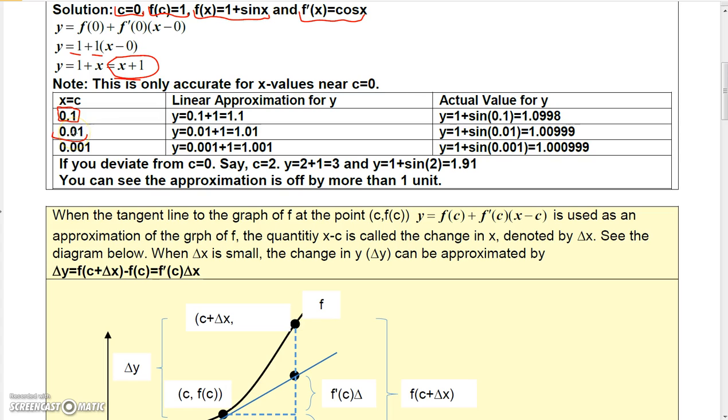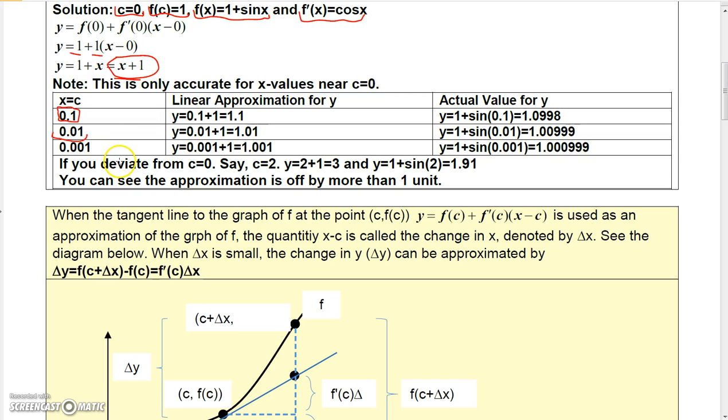So let's get closer to 0, and we'll notice that if we use the linear approximation, we get 0.01 plus 1, which is 1.01. And then if we calculate the actual value, notice it's very close to 1.01. And then if you do the same thing for 0.001, the linear approximation is 1.001, while the actual value is basically 1.001.